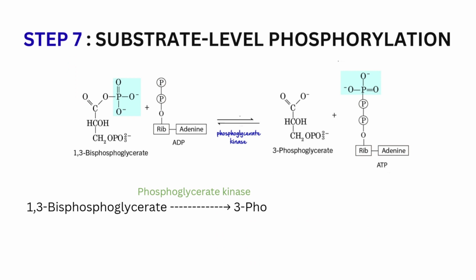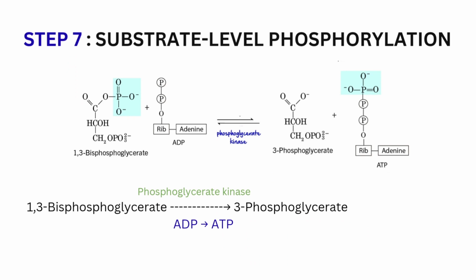During this process, a phosphate group is directly transferred from the substrate to ADP, resulting in the formation of ATP. This type of ATP synthesis is called substrate level phosphorylation because ATP is formed directly from the substrate without the involvement of the electron transport chain.